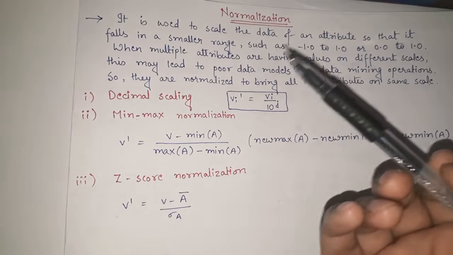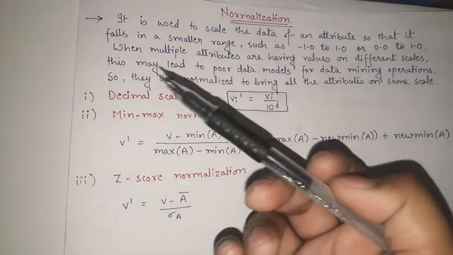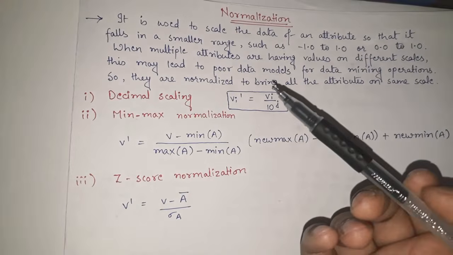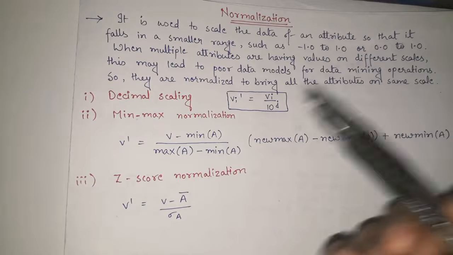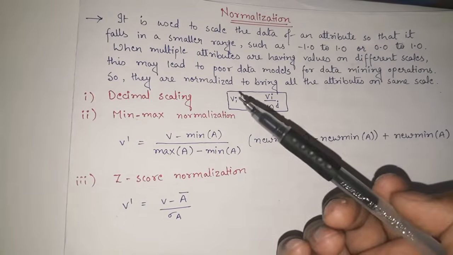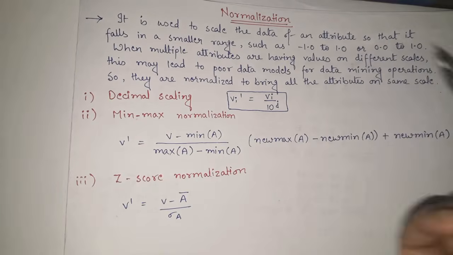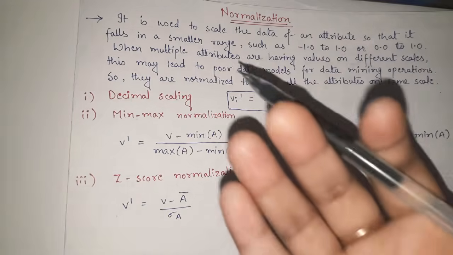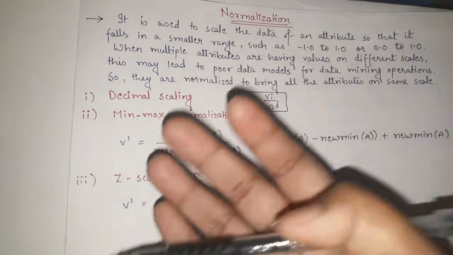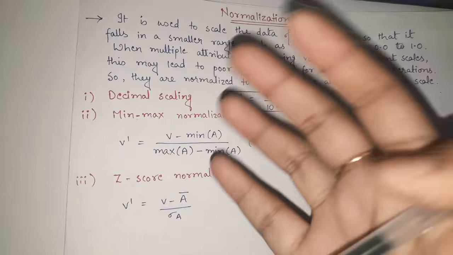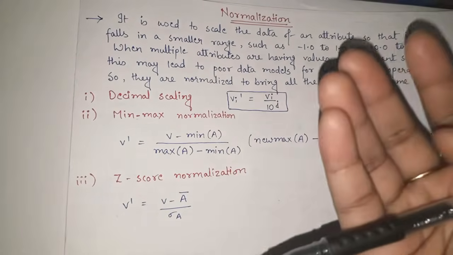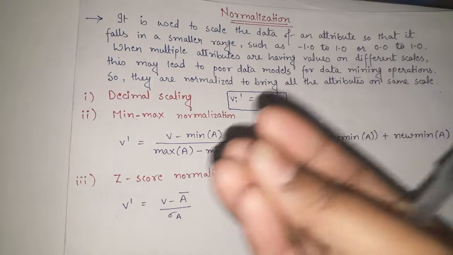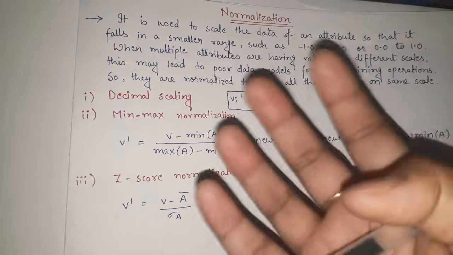When multiple attributes have values on different scales, this may lead to poor data models for data mining operations. So they are normalized to bring all the attributes onto the same scale. As I told you, the raw data that is given to you may have various ranges, like it may range from tens to hundreds to thousands to lakhs, crores.